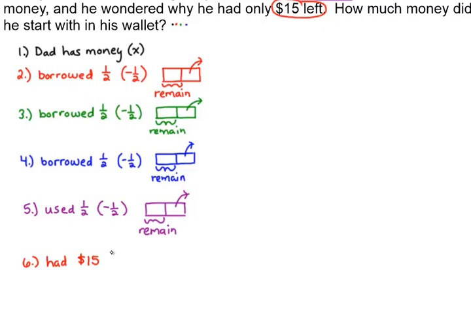When we work backwards, we basically start the problem all over again, but we start from the bottom and work our way back up. So I'm going to look at number 6. We start with $15. Now what does that $15 represent?